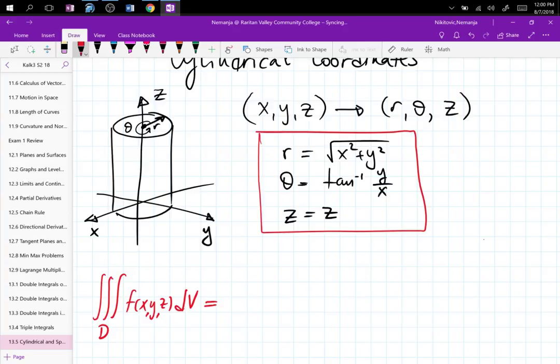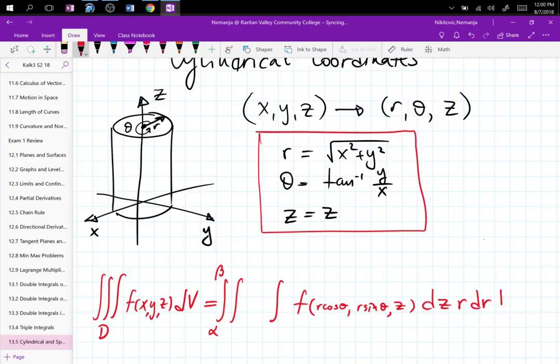And this is equal to the integral from alpha to beta, then we have another integral and another integral, and then we have f of r cosine theta, r sine theta, and then z. And we have dz, r dr d theta.